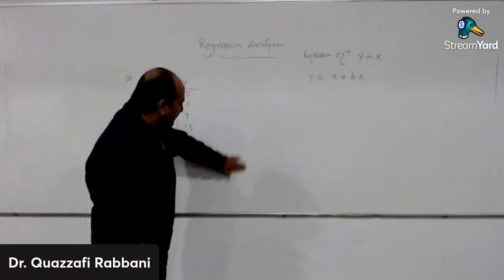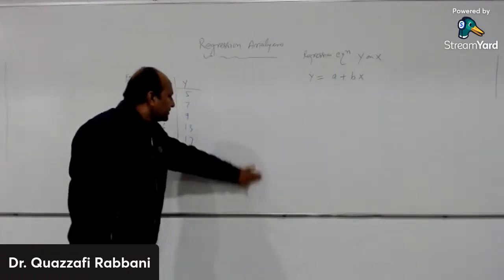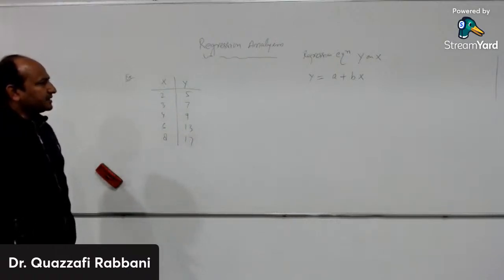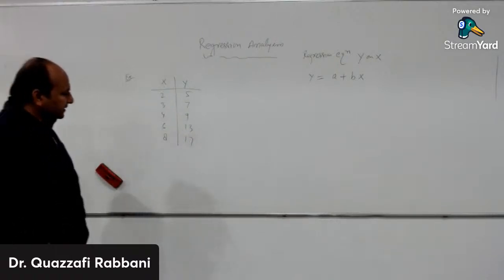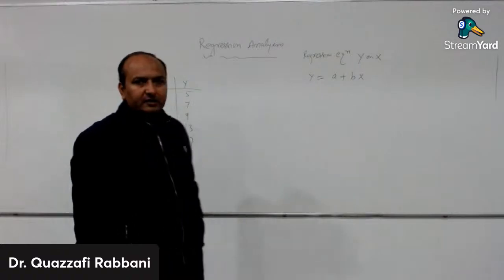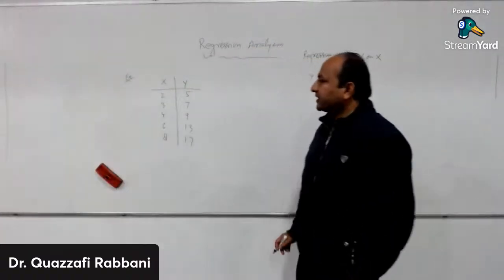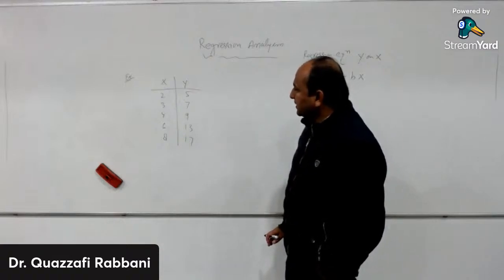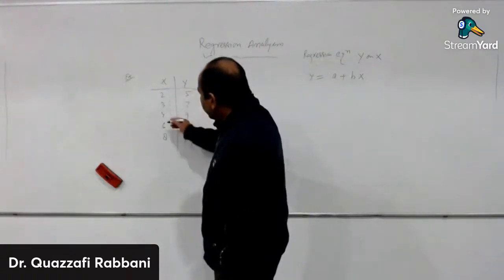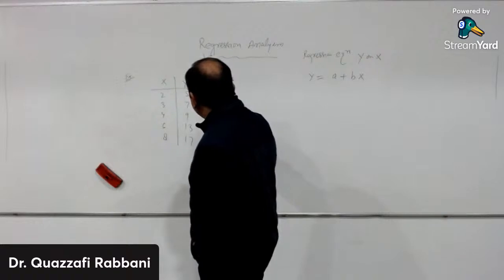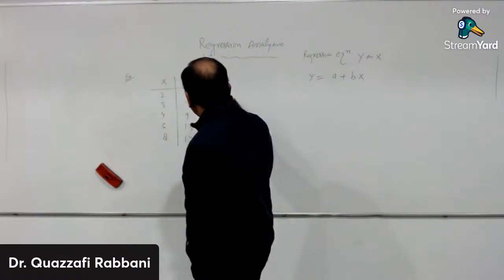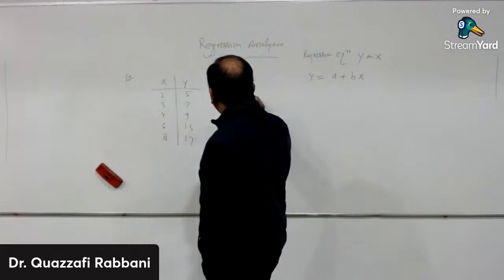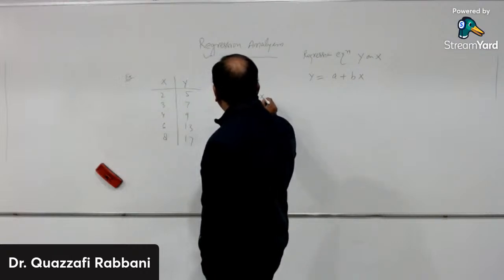Now if someone asks what is the relation between x and y, this relation can be written as the functional relationship between x and y. So what is the functional relation between x and y? If you see this observation, then you will see that y is nothing but 1 plus 2x.